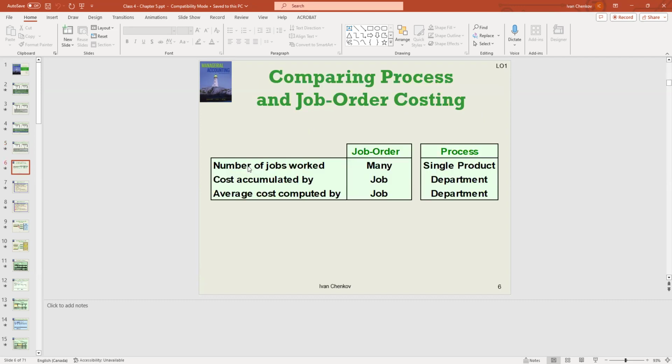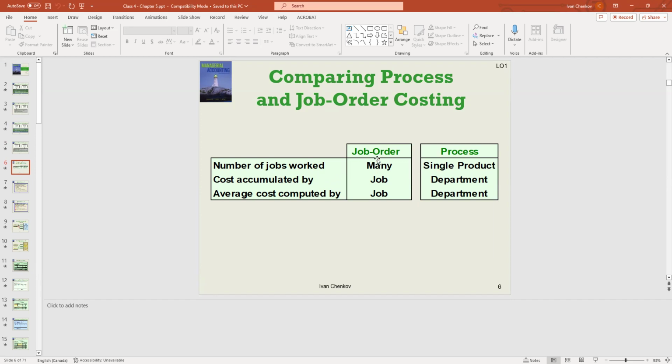So to summarize, the two costing systems are process costing and job order costing. In job order costing, we're going to produce many jobs or many products, whereas in process costing, we're going to have a single product.